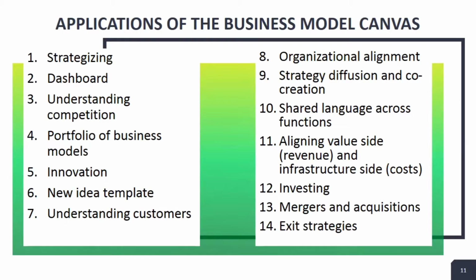Innovation. Design, test, and build new growth engines. Here, the BMC is used to prototype alternative business models and test them with the lean startup customer development process. We call this the search for the right business model and value proposition.